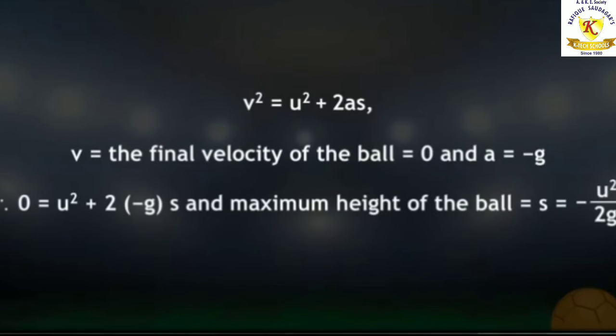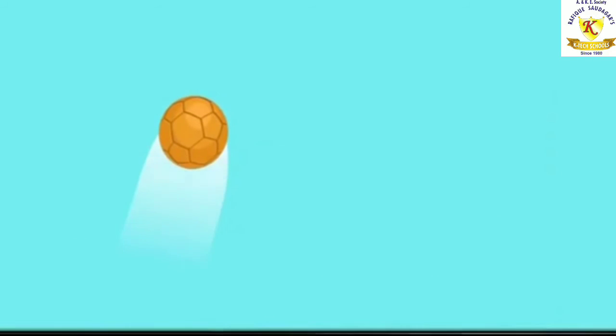Therefore, 0 is equal to u square plus 2 into minus g into s, and the maximum height of the ball, s, is u square upon 2g. Thus, the higher the initial velocity u, the larger is the height reached by the ball.